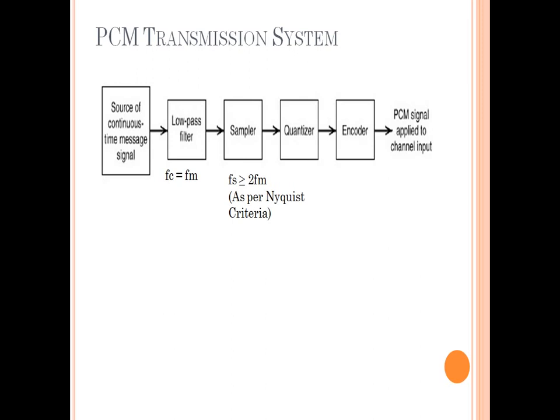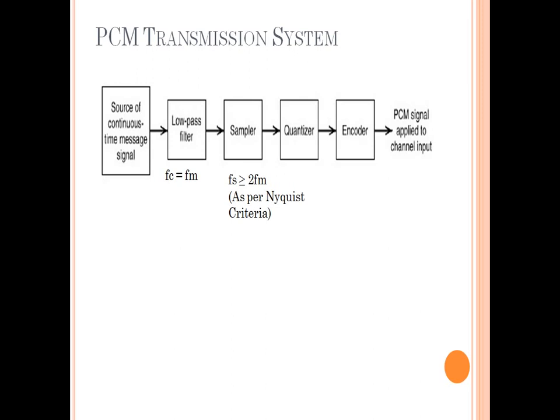Now this is passed through the low pass filter, where the cutoff frequency is mentioned here, fc equals fm. That ensures that the sampling frequency fs should be at least twice fm, where fm is the maximum frequency present in the message signal, as per the Nyquist criteria.